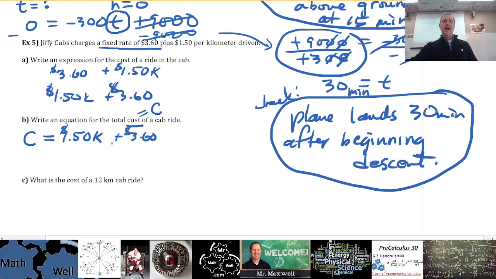Do you have to put the dollar sign? No, you don't have to put the dollar signs in your equation. Usually the units are not included in the equation, so you can eliminate those. So a purely mathematical equation would just look something like that. But we would know that we're dealing with dollars, so at the end we have to make sure we have dollars and kilometers as the other unit.